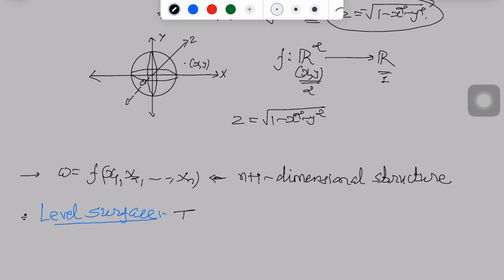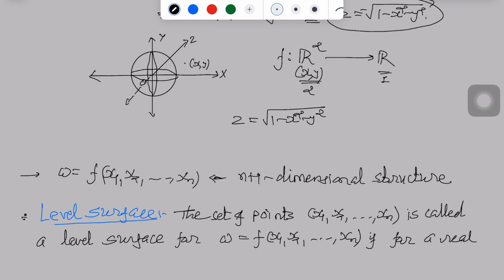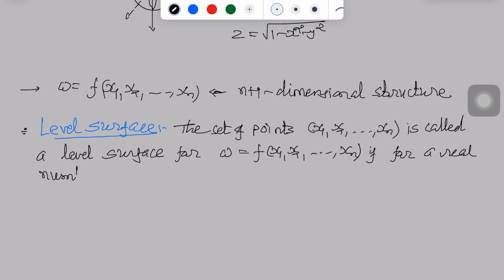The set of points x1, x2 to xn, keep in mind this is an n dimensional point, is called a level surface for our function w is equal to f of x1, x2 to xn if for a real number c, f of x1, x2 to xn is equal to c.